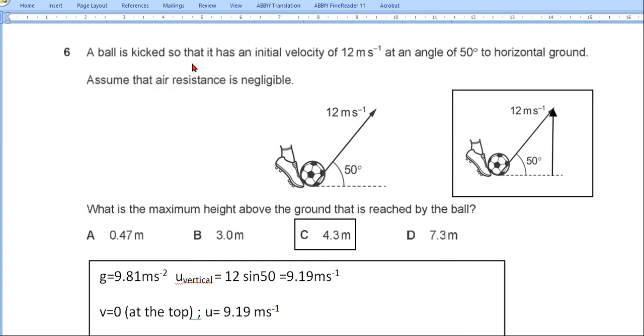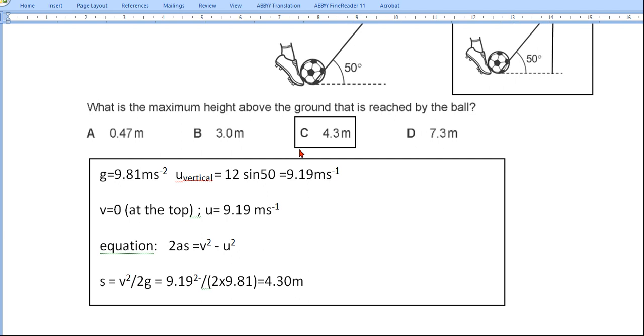A ball is kicked so that it has an initial velocity of 12 meters per second at an angle of 50 degrees to horizontal ground. Assume that the resistance is negligible. So here the object's initial velocity is at some angle, and we are interested in the initial velocity upward, vertical.